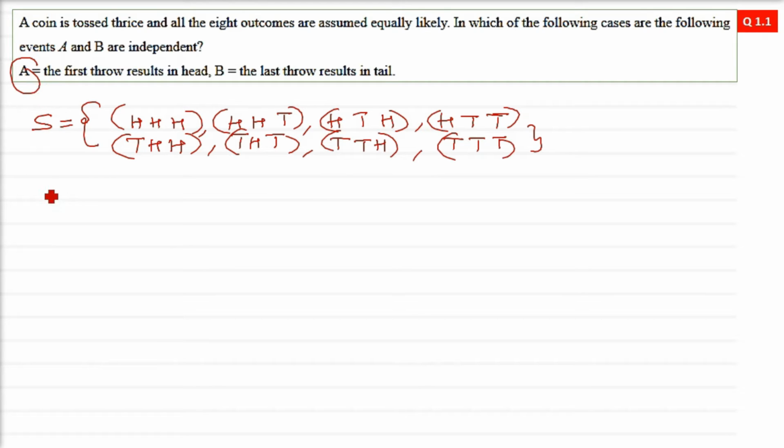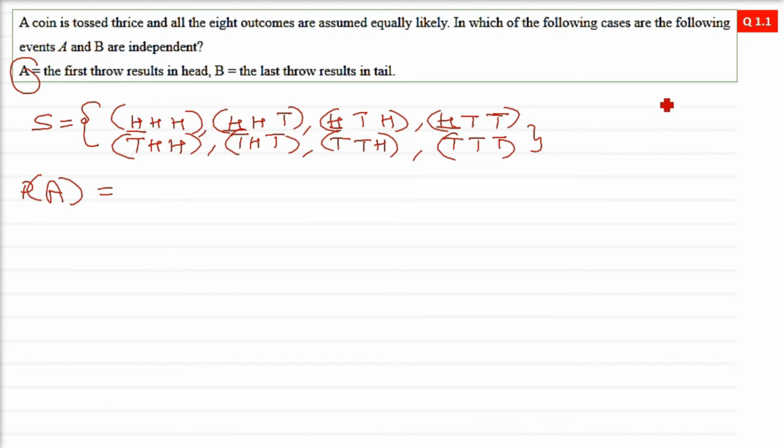Now event A is: the first throw results in head. Before obtaining the probability, we will make the set. How are we going to make the set? The first throw results in head, so all the sample space content or experiments where head comes first have to be taken.